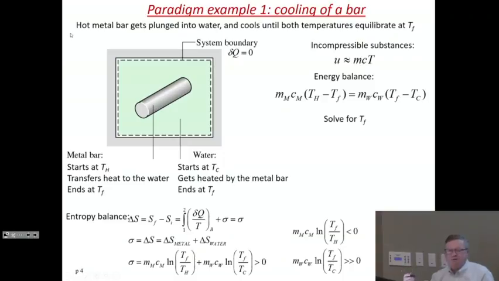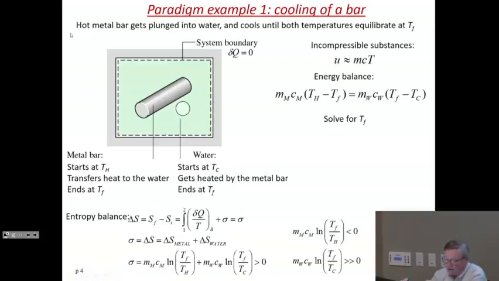Now, let me show you how this works in a few examples to make sure that we have everything under control. Let's take a system here where we have a metal bar that starts at a high temperature, and we immerse it in water that starts at a low temperature.